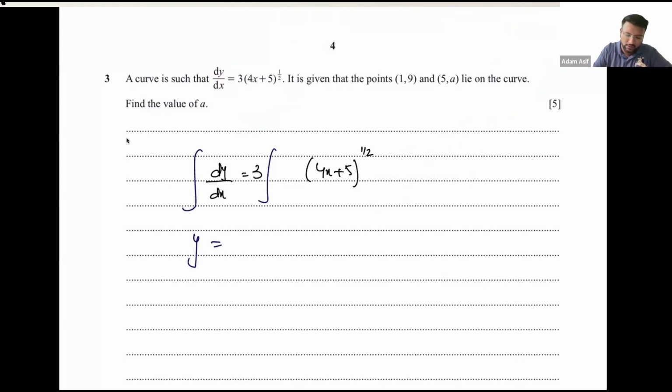That's your call. Now integral of this linear bracket would be (4x plus 5) to the power of half plus 1, that is 3 upon 2, divided by the new power 3 upon 2, multiplied by the differentiation of the bracket. 4x plus 5 की differentiation हो जाएगी 4, plus the constant of integration.